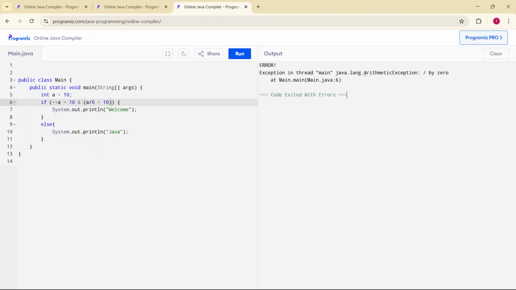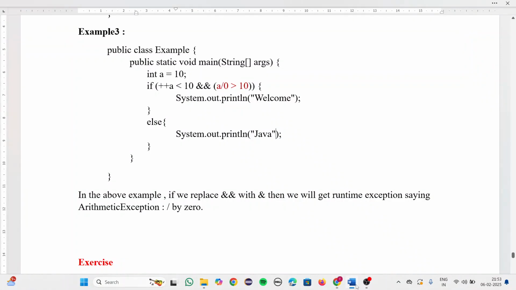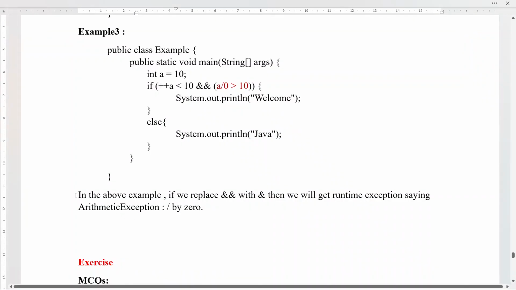See here, the output is an error, arithmetic exception, divide by 0. So in case of bitwise AND, both the arguments are being executed. In the above example, if we replace short circuit AND with bitwise AND, then we will get a runtime exception saying arithmetic exception divide by 0.